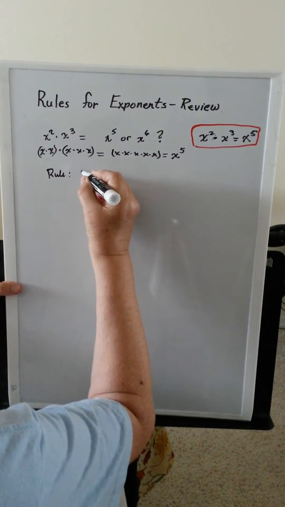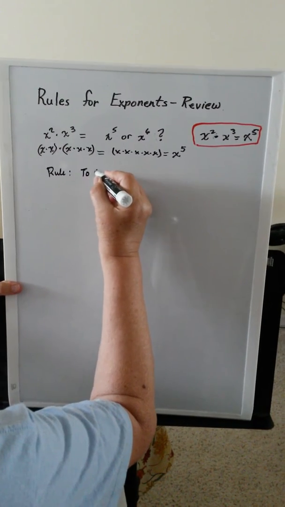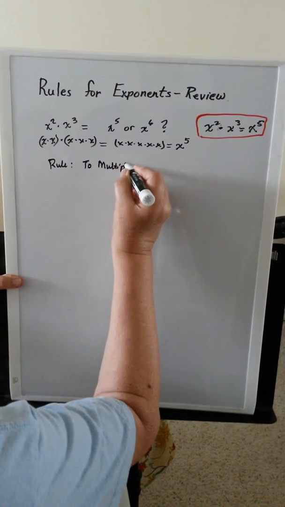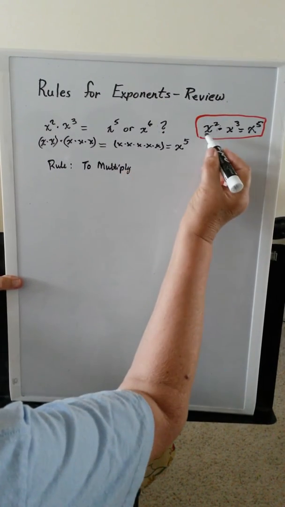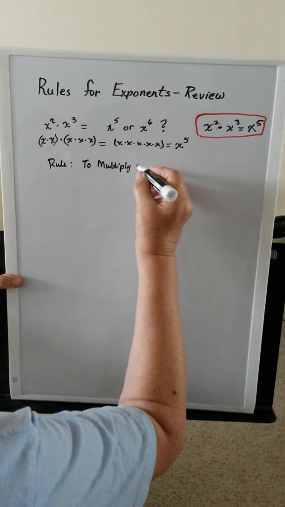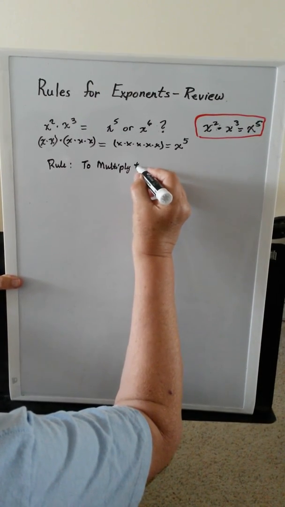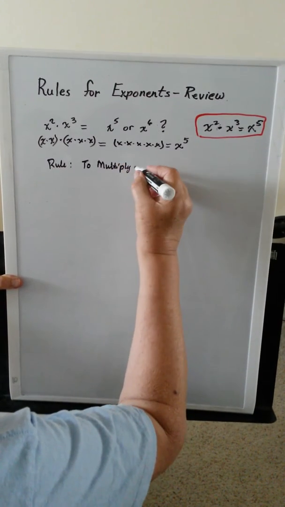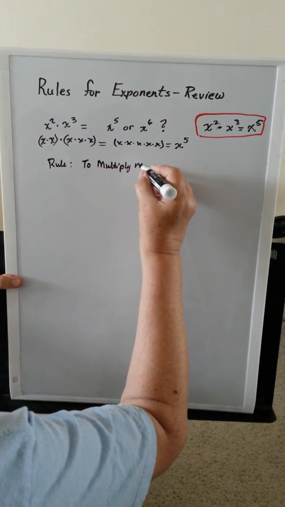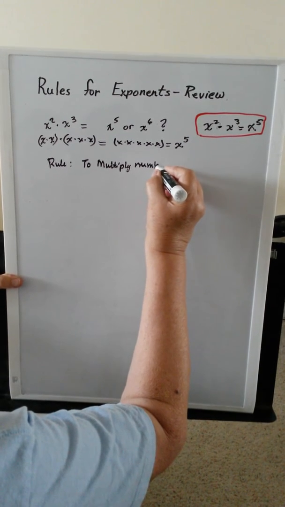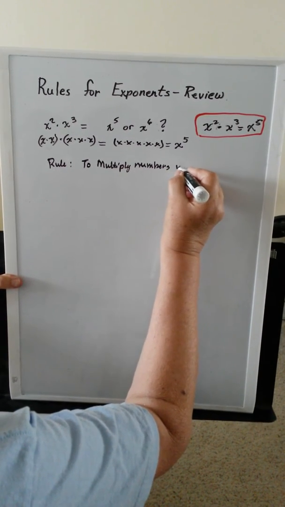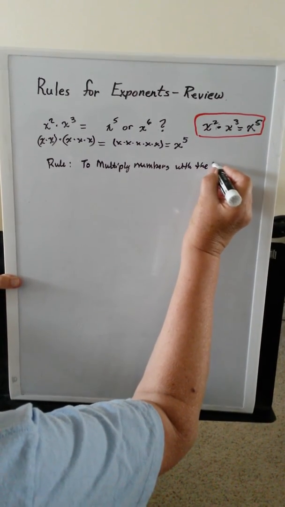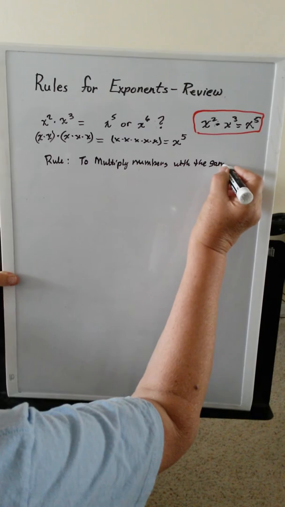All right, so this shows us the rule for multiplying two numbers with the same base. The base is the x, and the 2 is the exponent. Actually we could multiply more than 2, so I'm going to leave out the 2, just: to multiply numbers with the same base, they all have a base x.